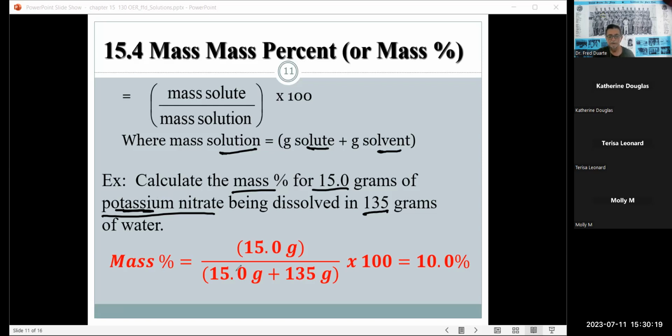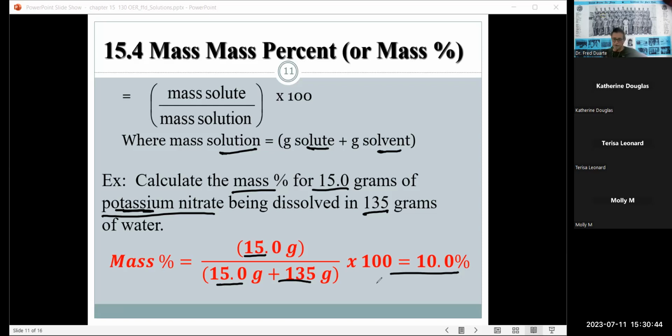All right, so we take 15 plus 135 in the denominator, and we have 15 in the numerator. Potassium nitrate is the 15 in the numerator, and it's also in the denominator plus the amount of water, times 100, says we have a mass percent of a 10% solution.